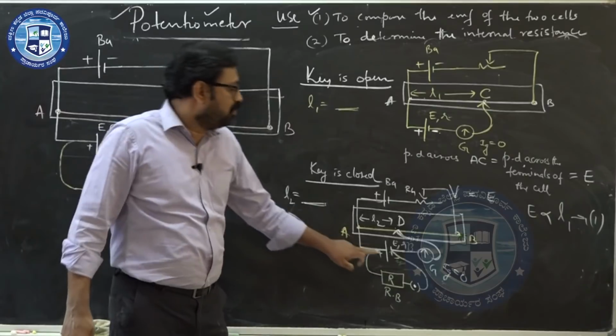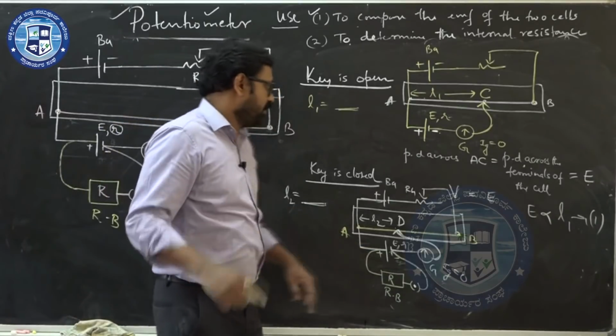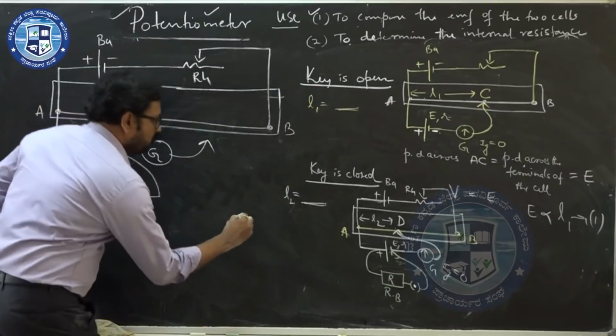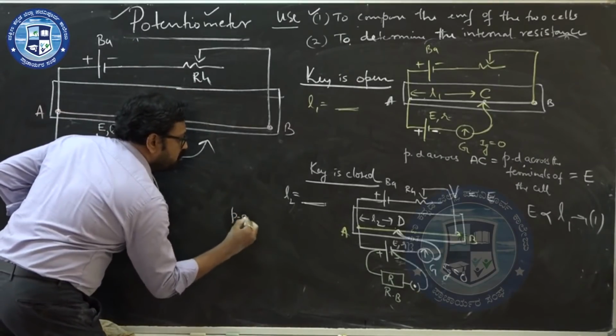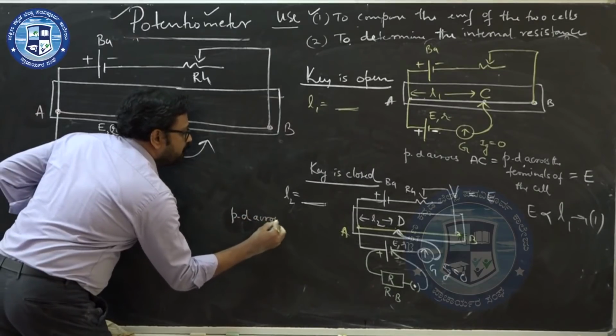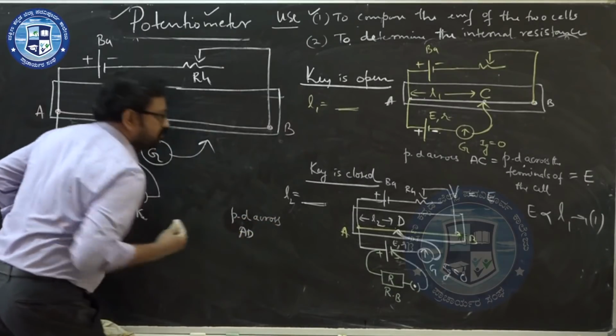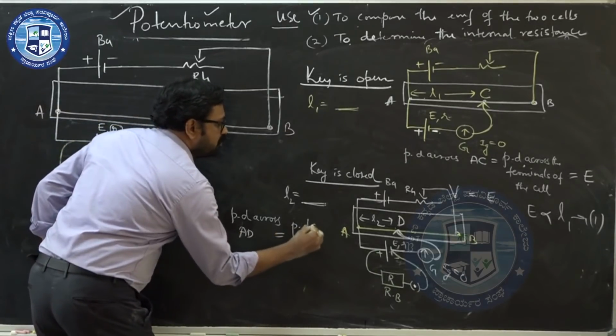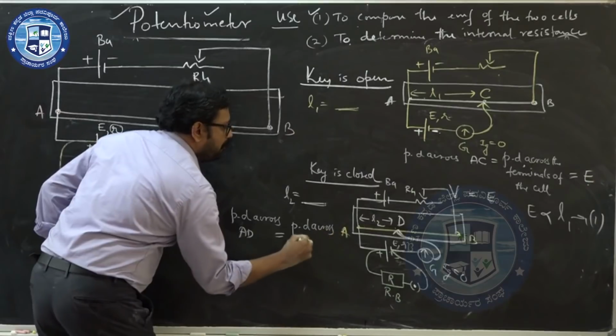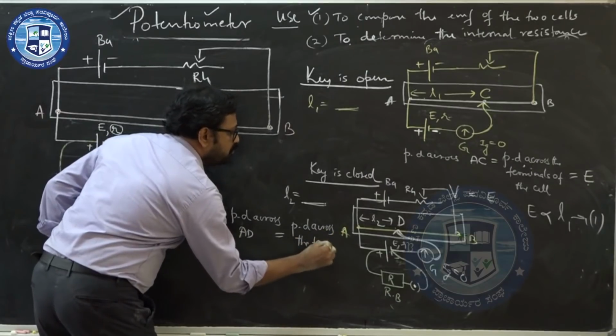A and the positive terminal of the cell are at the same potential, which means I can conclude that the potential difference across AD is equal to the potential difference across the terminals of the cell.